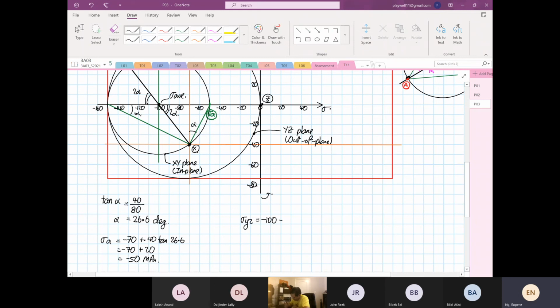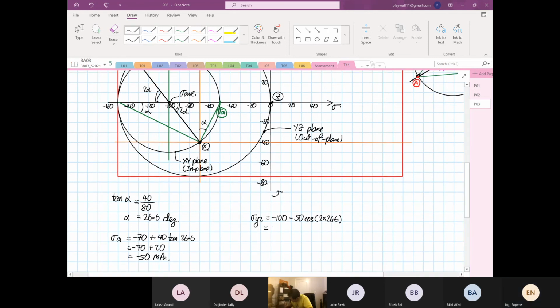The radius is at 50. So you know that 50 cos 2 alpha, times 26.6, so it will be equal to 26.6 times 2 cos times 50. So it's at 130 MPa.